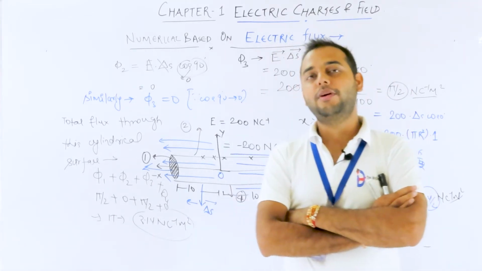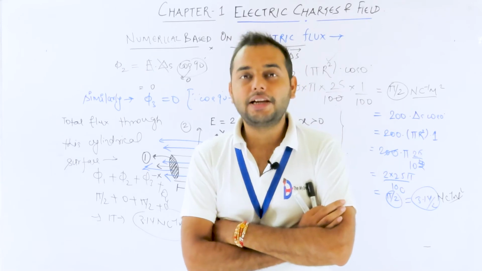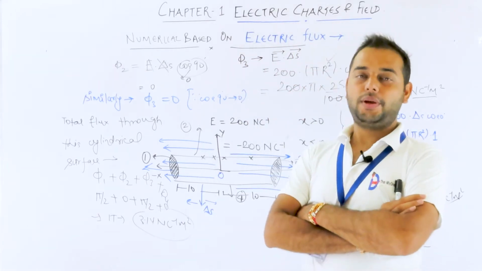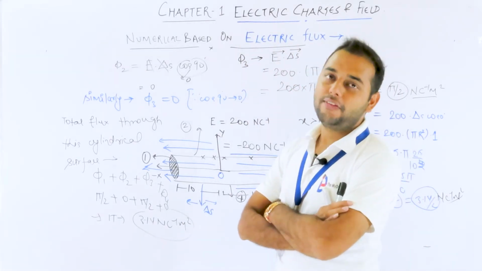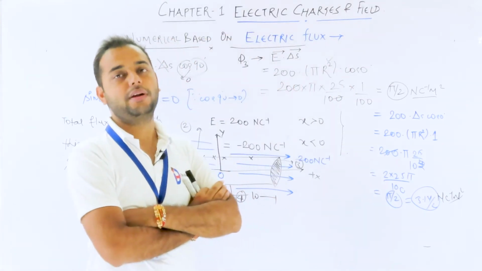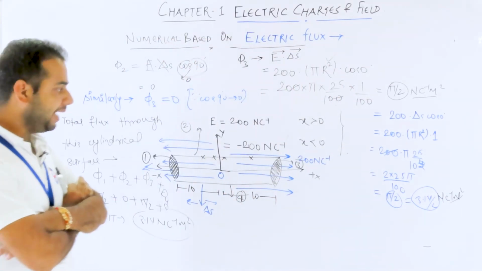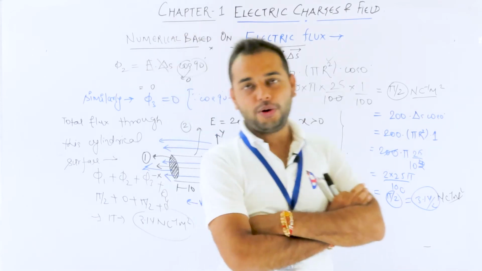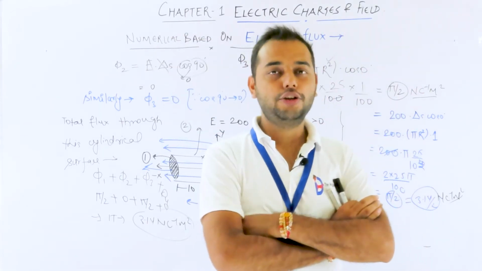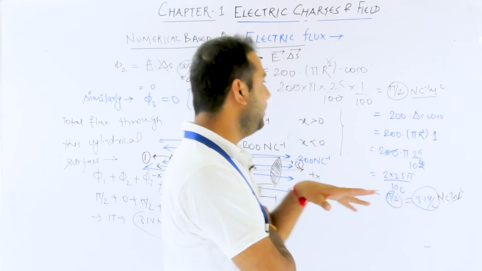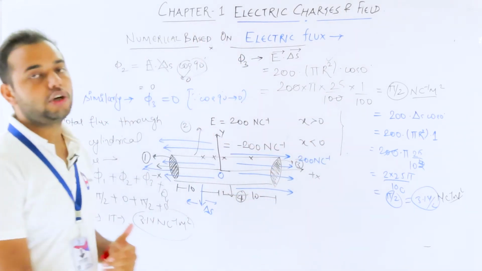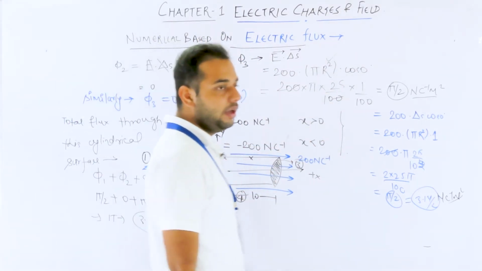I am hoping that you are getting the answer, because electric flux is a scalar quantity. Okay, it tells us about the number of electric field lines crossing any area perpendicularly in unit time. So electric flux is a scalar quantity, so we don't have to worry about the direction. You just focus on the magnitude. That's why I simply add pi by 2 and pi by 2. It comes out to be pi only, which is 3.14 in our case.